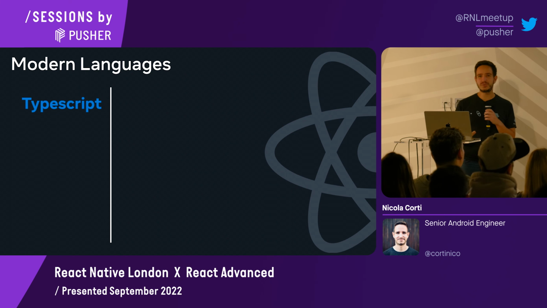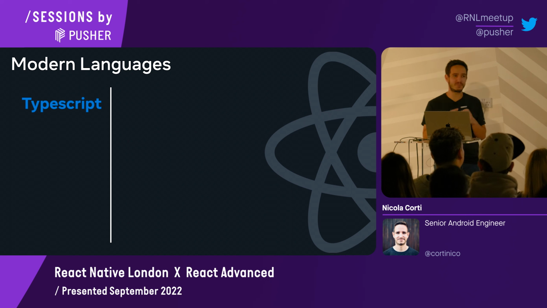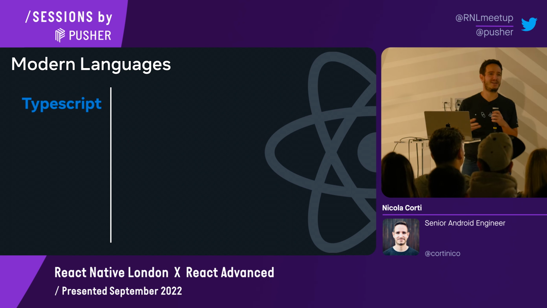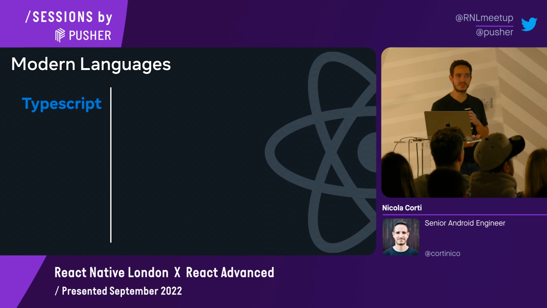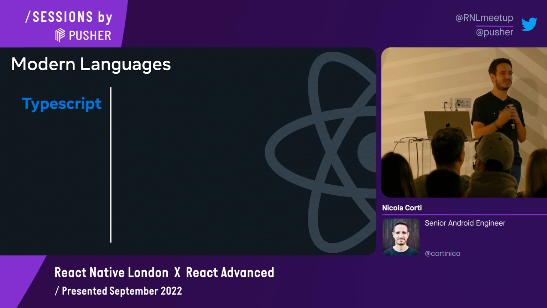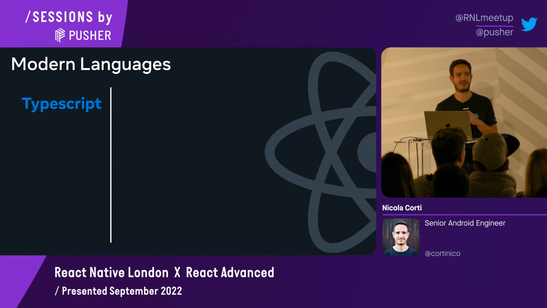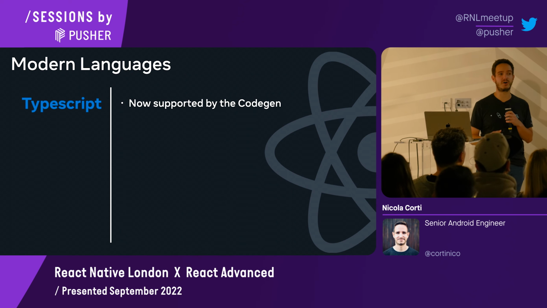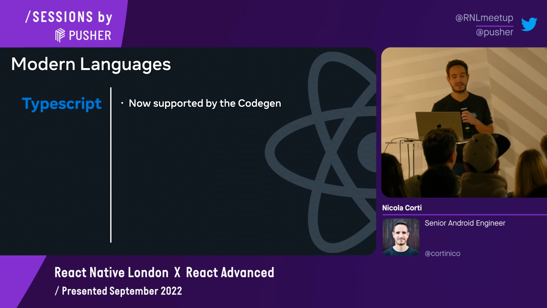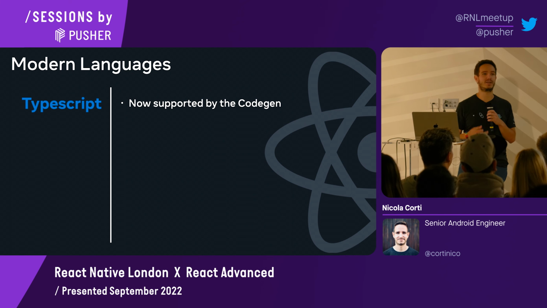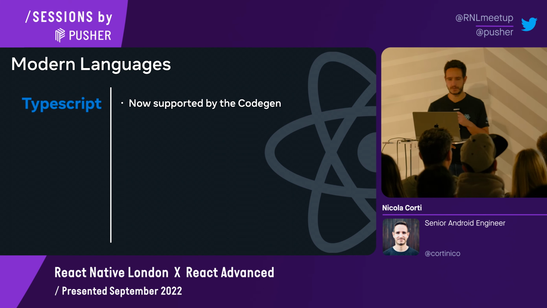We wrote the Codegen and those tools with Meta first in mind. You know, we had our problems to solve and then we started open sourcing it. But then we took a closer look into how we can adopt those tools so that the ecosystem outside Meta can actually use them properly. That's why the Codegen now fully supports both Flow and TypeScript, and we are actively working on extending the support for TypeScript, like supporting more types and so on.